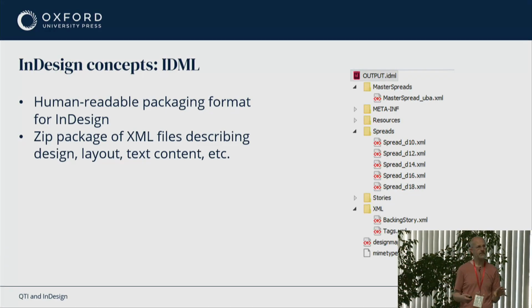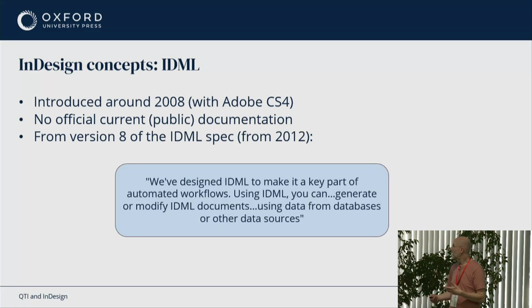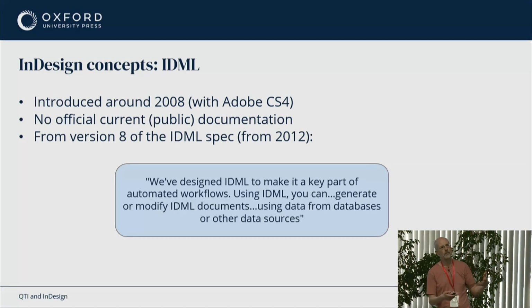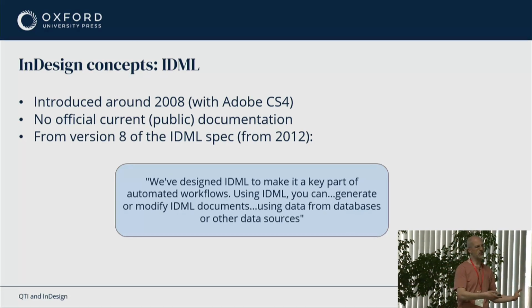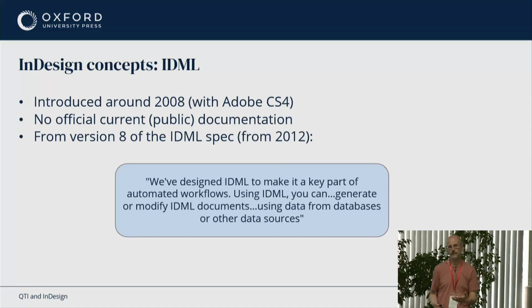Weirdly, it's not the native format that InDesign uses. The native format produces files that are 10 times bigger. Adobe seems to regard IDML only now as an interchange format, so you can save your document in one version of InDesign and open it in a different version.